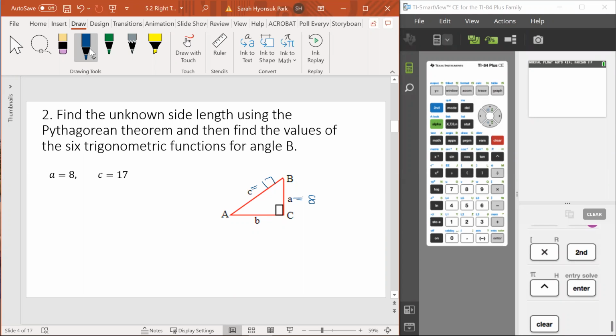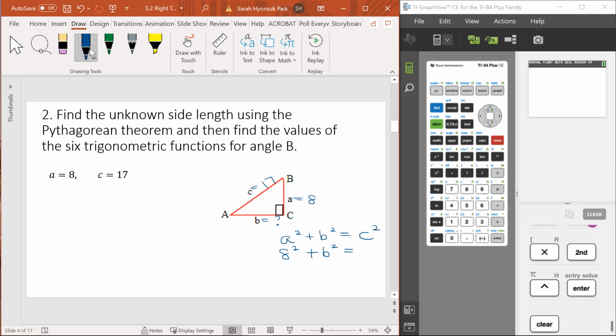We don't know B, so we can use the Pythagorean theorem: A squared plus B squared equals C squared. With a right triangle, if you know two sides and you're missing one, you can always use the Pythagorean theorem. A is 8, so we square that. B is what we're trying to solve.